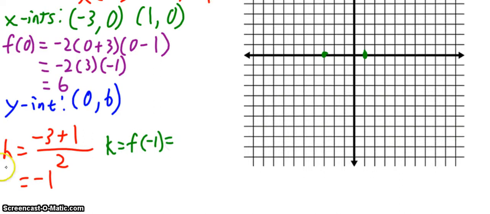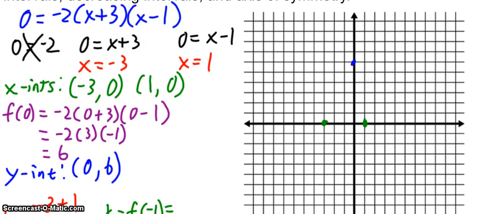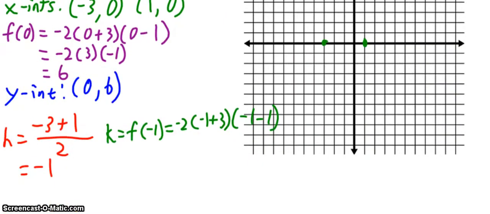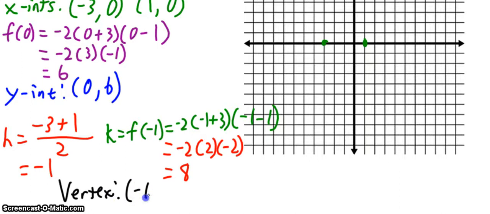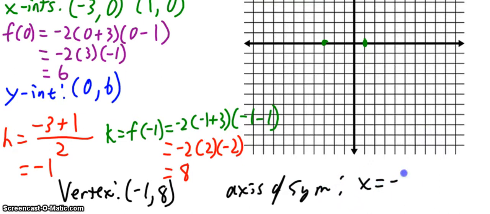So I'm going to do -2 times -1 plus 3 times -1 minus 1. This becomes -2 times 2 times -2, which is 8. So I know I have a vertex of -1, 8, which also tells me then that I have an axis of symmetry of x equals -1.